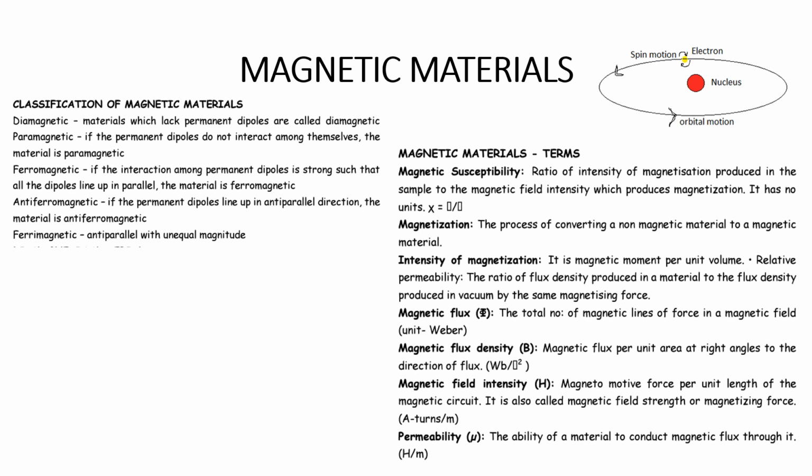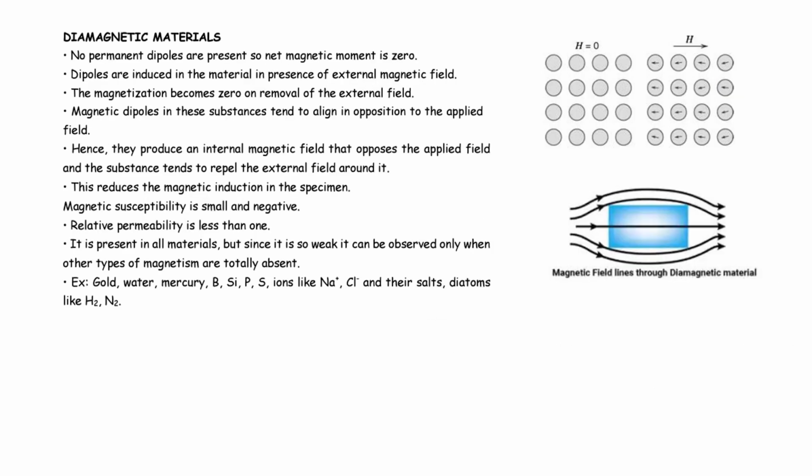Before going to explain these materials, let us look into some of the terms related to magnets. These terms you learned in your lower classes: magnetic susceptibility, magnetization, intensity of magnetization, magnetic flux density, magnetic field intensity H, permeability, etc. These are some terms related to magnetism.